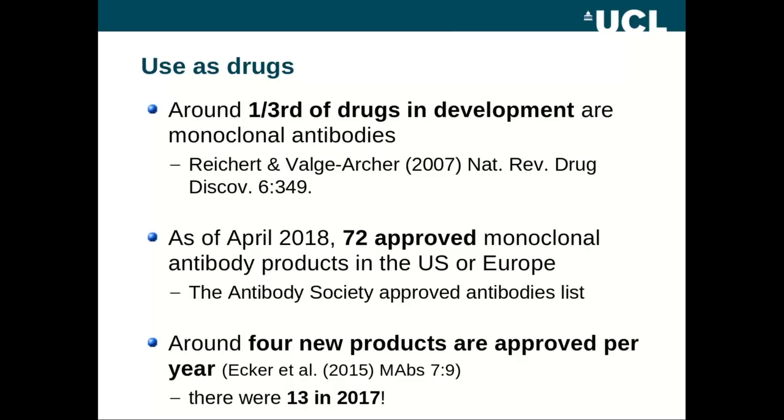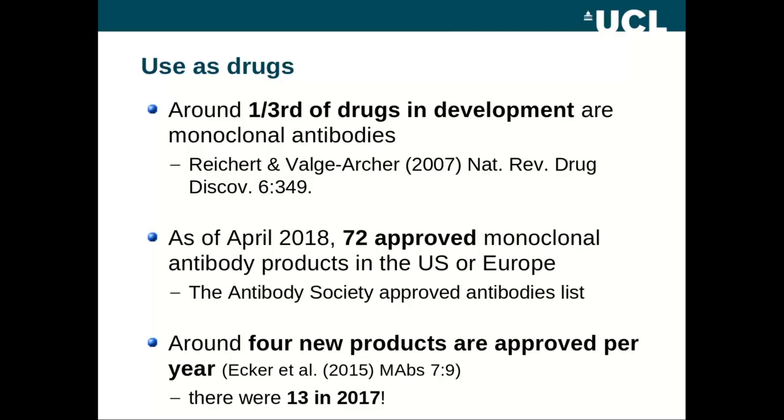As of April 2018, there were 72 approved monoclonal antibody products in the US or Europe, and this information is available from the Antibody Society's approved antibody list. I would encourage you to join the Antibody Society. It's free for students. You get 2 years free membership, and you can have a look and see how many approved monoclonal antibodies there are on the Antibody Society website.